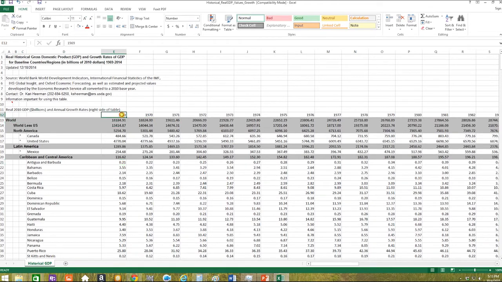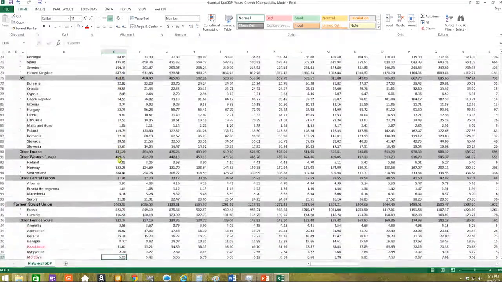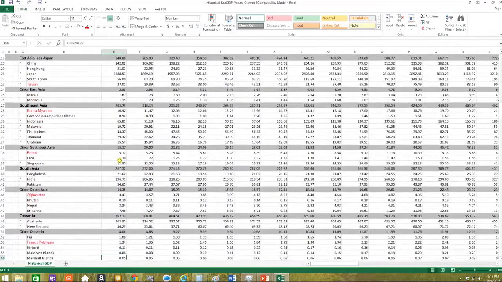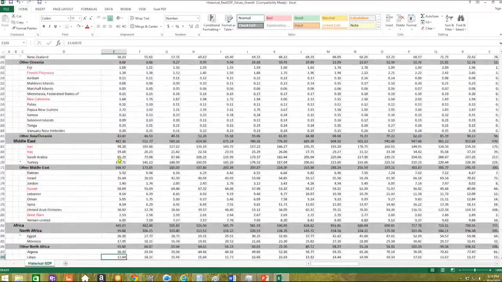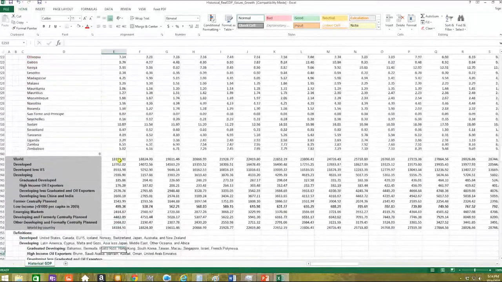Everything's going back to 1969, and everything's split up into regions. So we have Latin America here, South America, Europe, we have Asia and Oceania, Middle East, Africa. We have every country in the world.